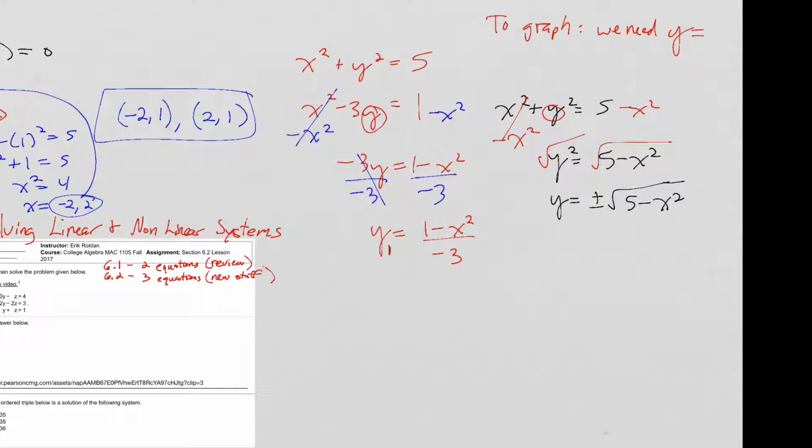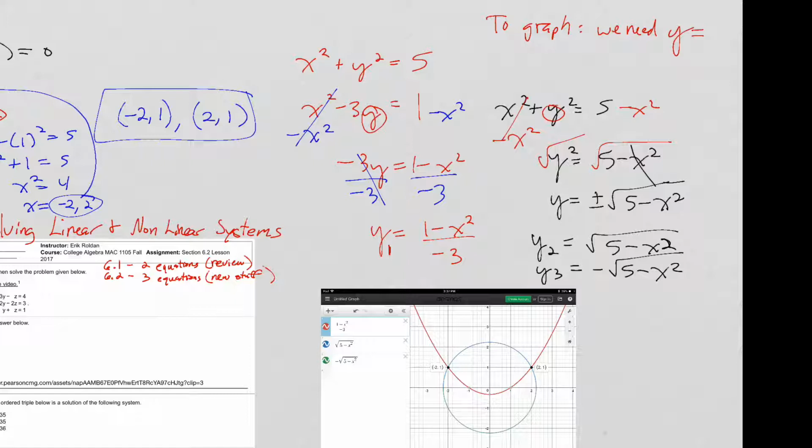So to graph a circle, you do need to do two equations. So you can do y2 equals the positive version, and then y3 would be the negative version of this. So I'm going to go ahead and put this in my graphing calculator to see what we get.